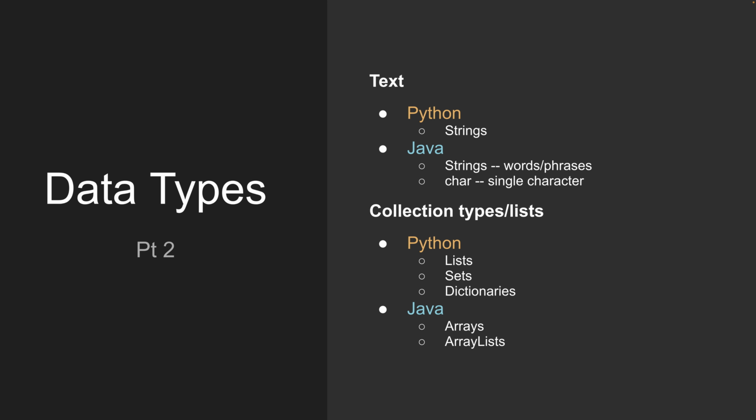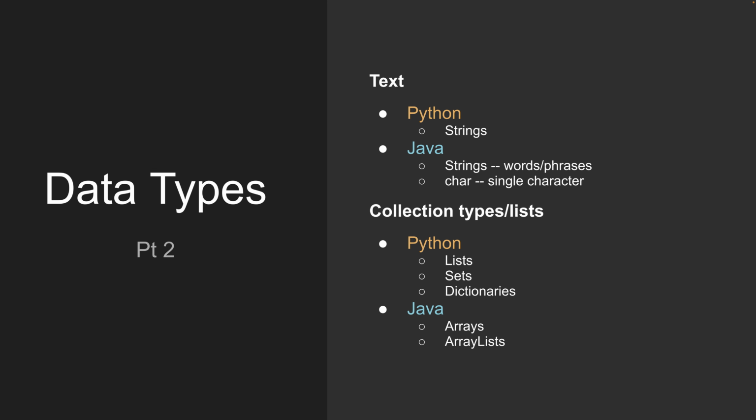Then we have collections. Collections are lists. So imagine like a shopping list. It holds a lot of different items. In Python, lists are like this, storing items of your list. Python also has what's called a set, which is unique items in a list. Doesn't allow any duplicates. And then it also has dictionaries.